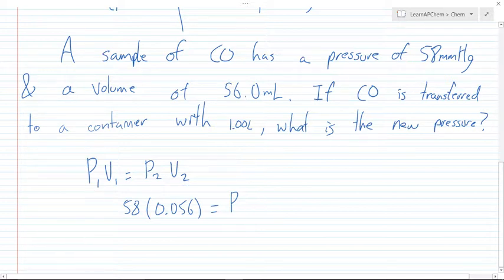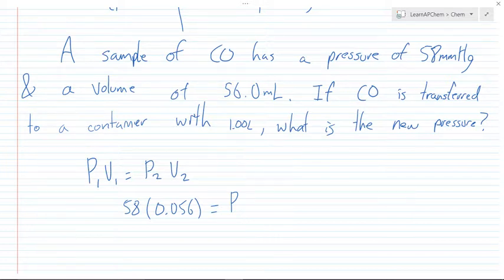I guess I didn't explicitly say they are at the same temperature, but regardless of temperature or number of moles, these are proportional as long as those two quantities are held constant, which in these problems you should assume.